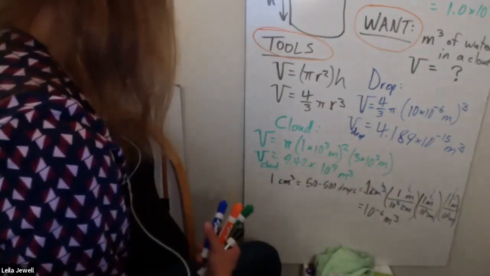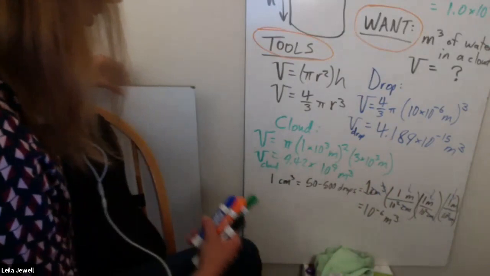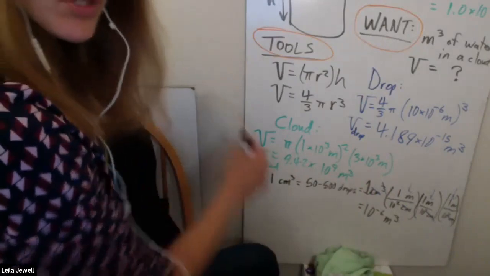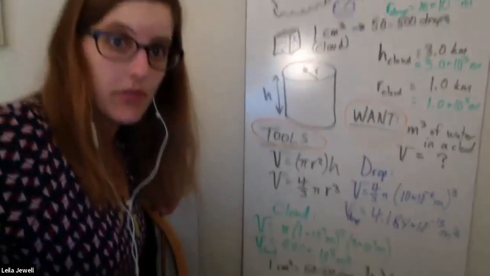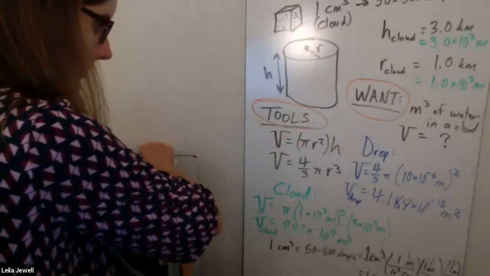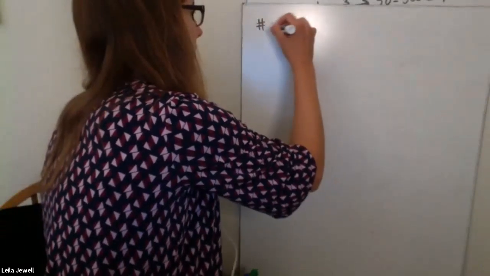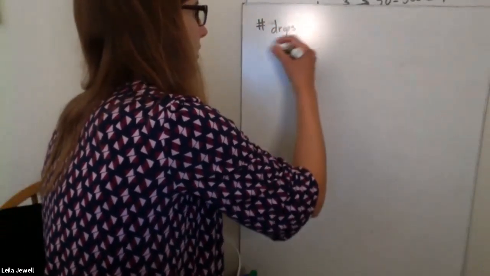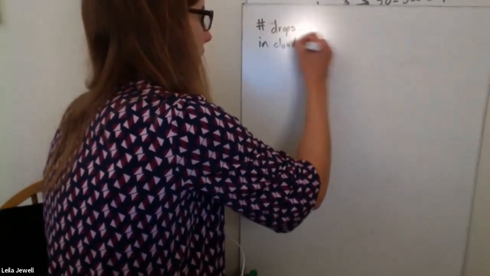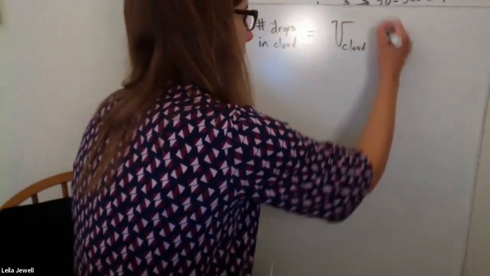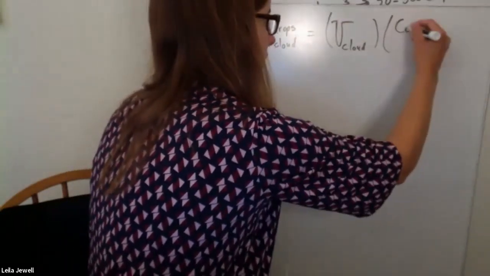Let's see if we can put this all together and finish it out. So I'm going to move this for the moment. Put another board in front. So if we want to get the number of drops in the cloud, then we just take the volume of the cloud and multiply that by our conversion factor.